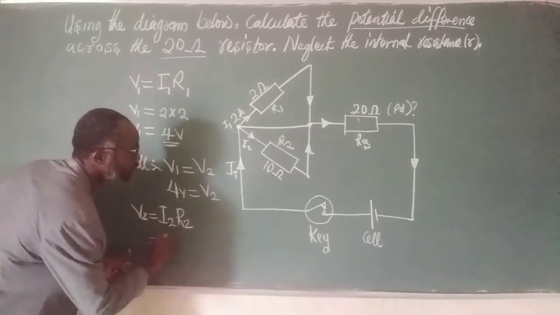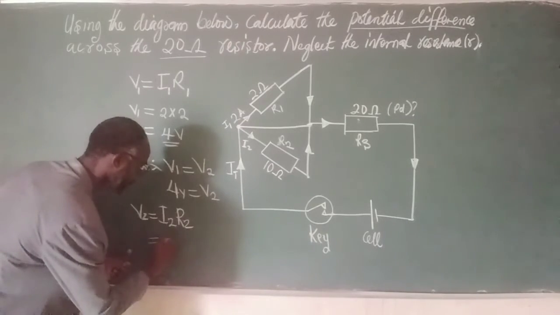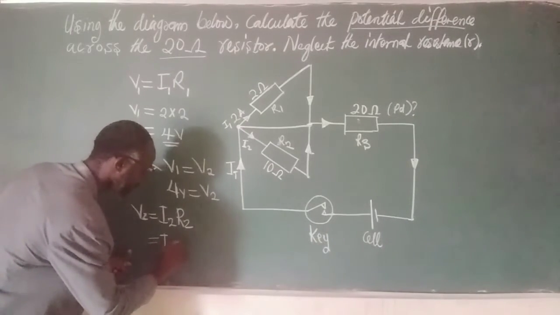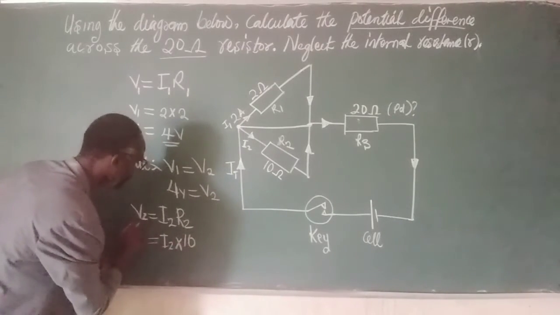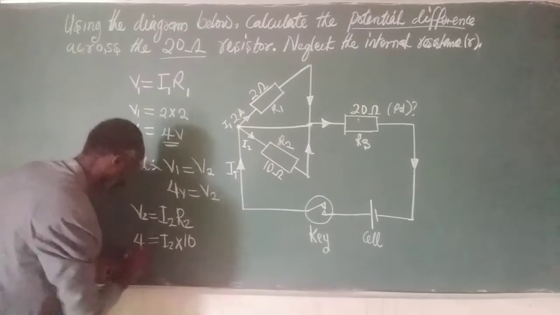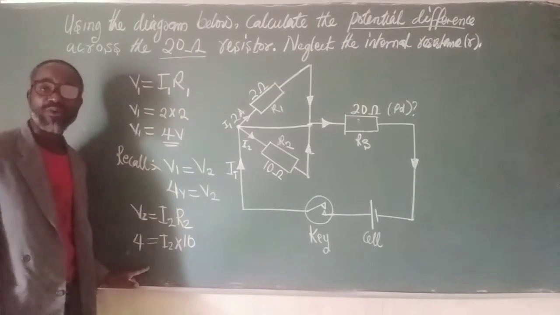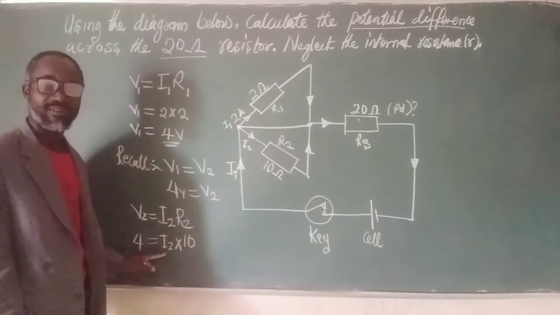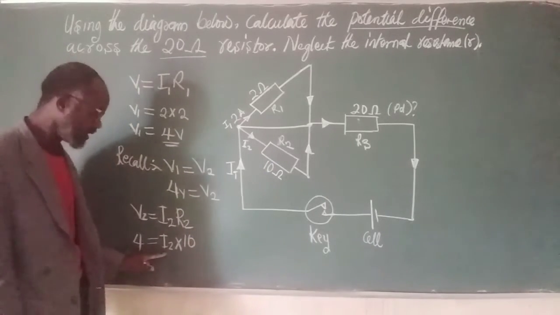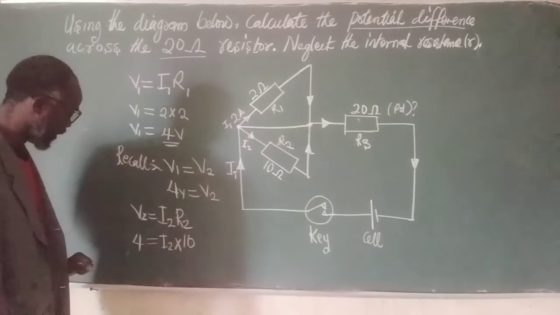For I2, we are looking for it. We don't have it. For R2 is 10 ohms, and V2 is also 4 volts. So what do we do at this point? We make I2 the subject. Once we make I2 the subject, we now find the value of I2.